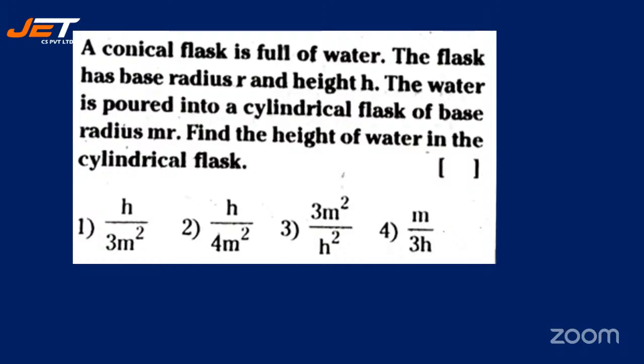A conical flask is full of water. The flask has base radius r and height h. The water is poured into a cylindrical flask of base radius mr. Find the height of water in the cylindrical flask.